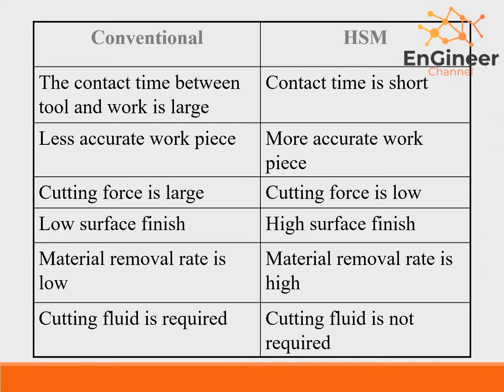In conventional machines, cutting force is large. In HSM, cutting force is low. We have low surface finish in conventional, but high surface finish in HSM. Material removal rate is low in conventional, but high in HSM. Cutting fluid is required in conventional, but not required in HSM.